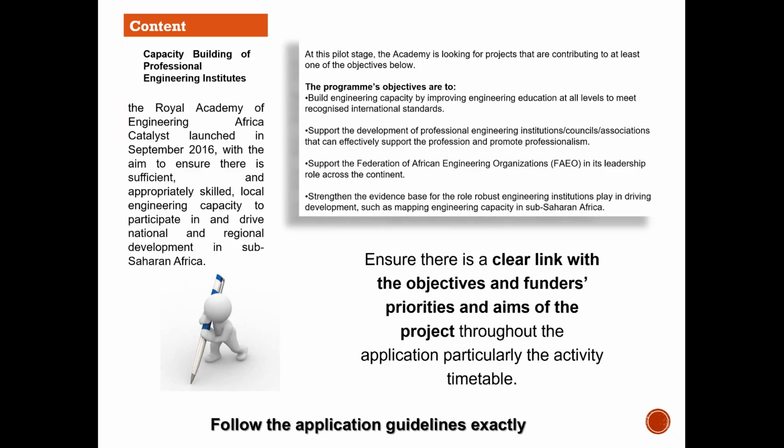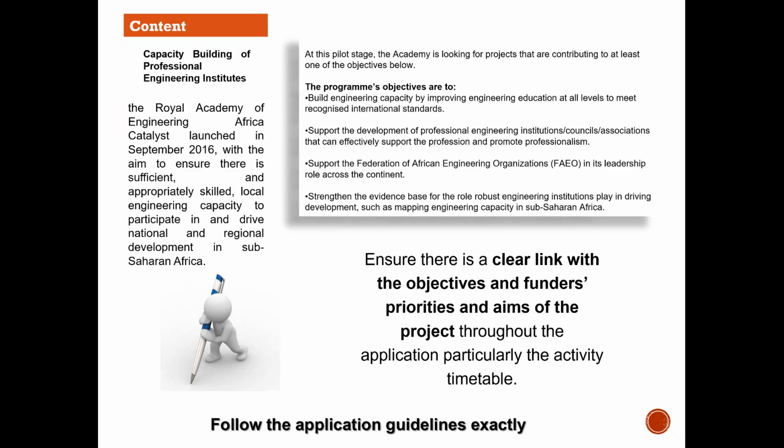Particularly when you are working on the activity timetables, which is the action plan, how you are going to implement it in terms of timeline. So every time, don't hesitate to remind the objectives. Here, it's saying that you can choose between 1 or 4. So at least one objective has to fit in your application.